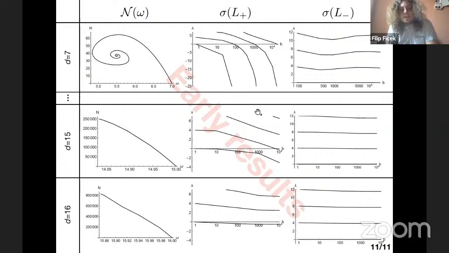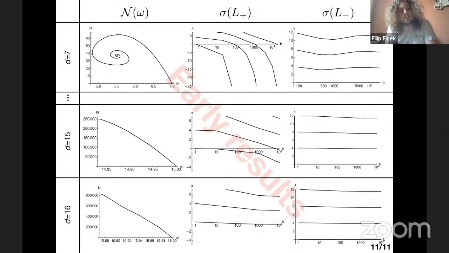We can see that also close to B equal to 10 to the power of 4, we have a change of the sign of one of the eigenvalues of L plus. So we also have the same situation that for small values of B there is stability, but then it is lost and never regained.